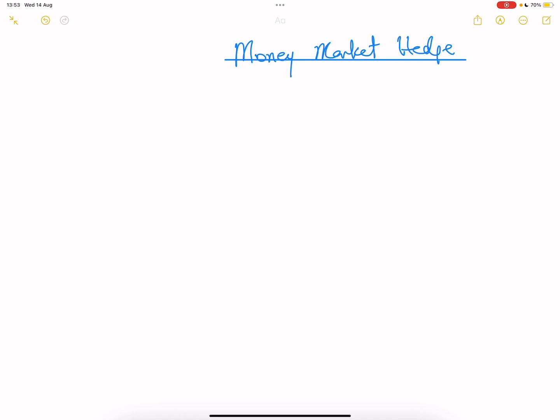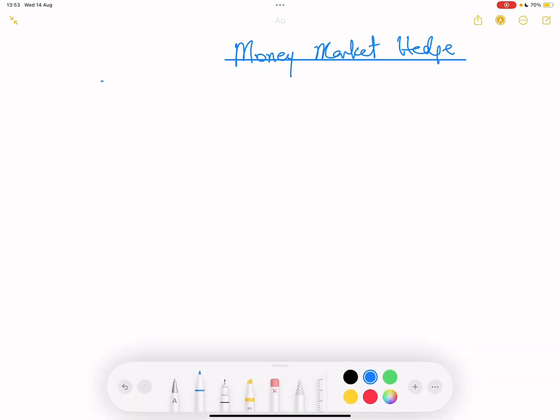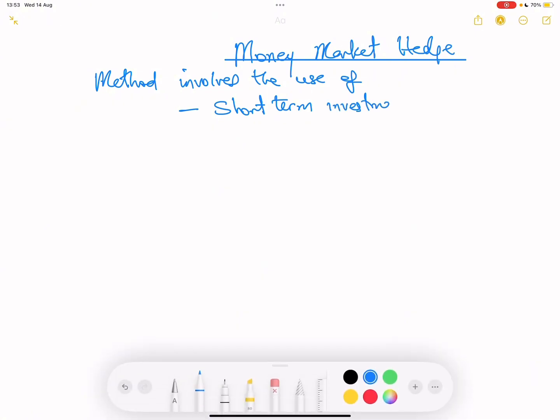Right, so money market hedge, I will summarize it into a method that involves the use of, number one, short-term investment and borrowing.